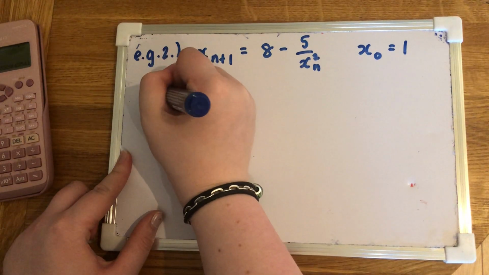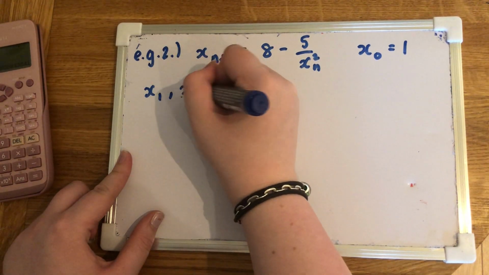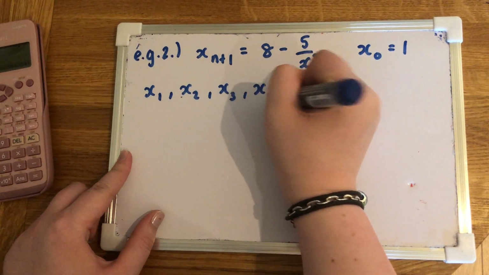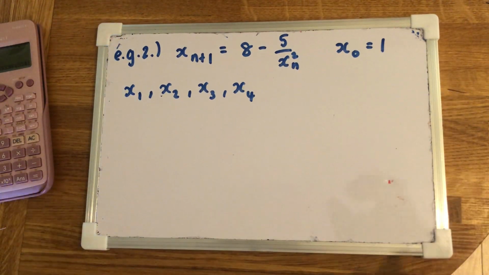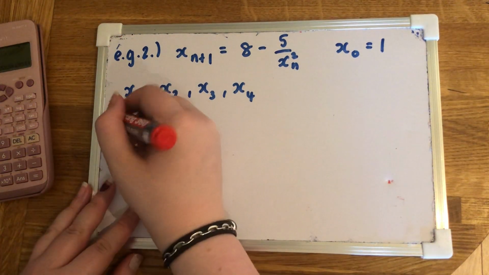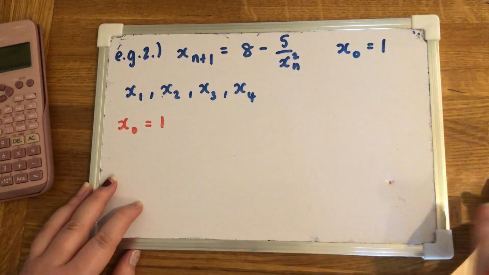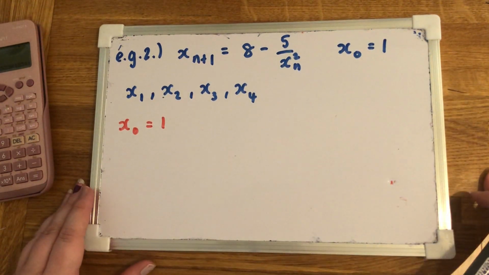We need to find x1, x2, x3, x4. So the first thing I always do is I write out that x0 is equal to whatever number it is. So for this one, x0 is 1.